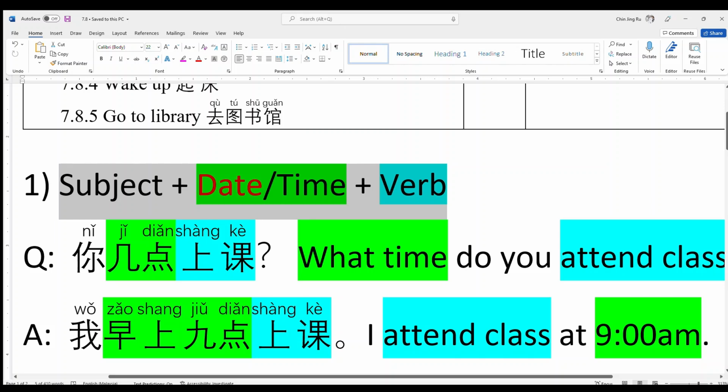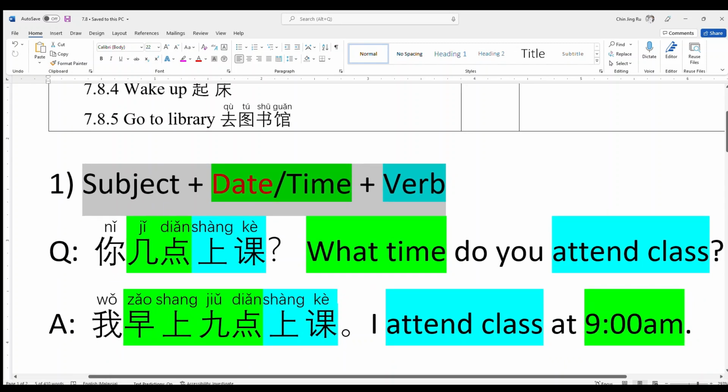So, for example, let's take a look at the question. What time do you attend class? In Mandarin, you ask like this: 你几点上课? So you see here, after the subject, the person, I straight away follow up with the date or time.